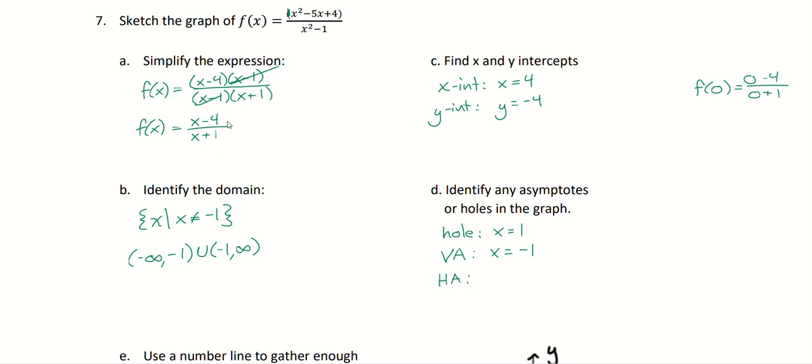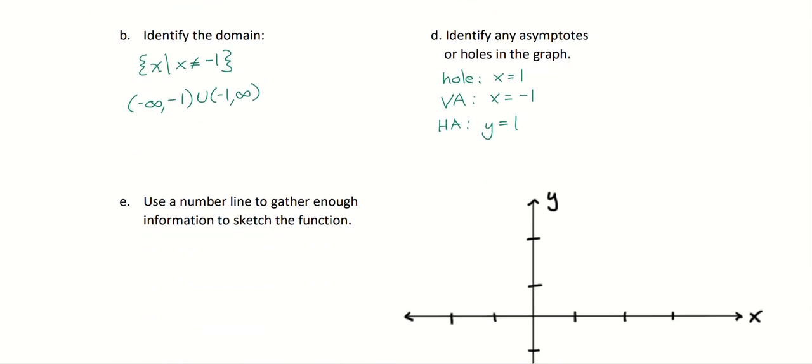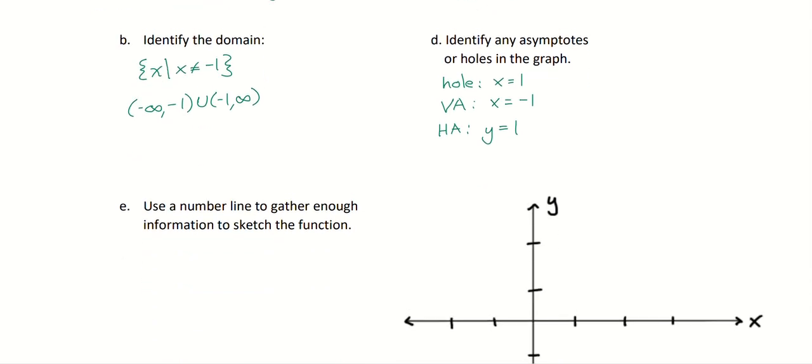If I check the degree of the numerator, which is 1 in the simplified form, degree 1, and the denominator of degree 1, then the ratio of these leading coefficients is my horizontal asymptote. So here we go. 1 over 1 are the leading coefficients, and that's just y equals 1. Awesome.